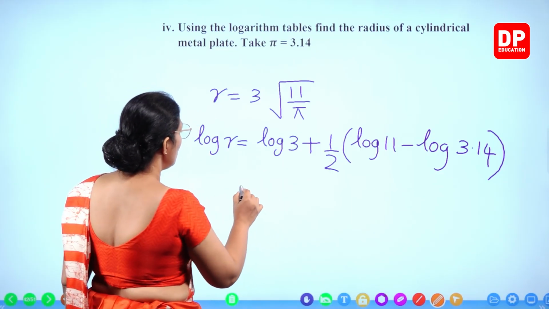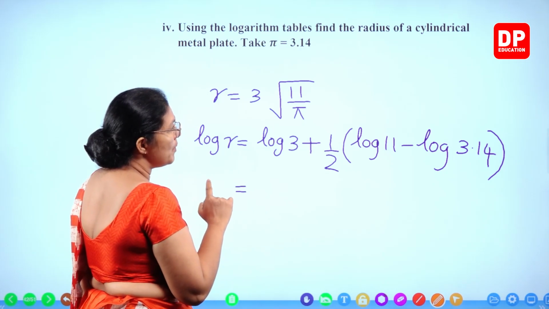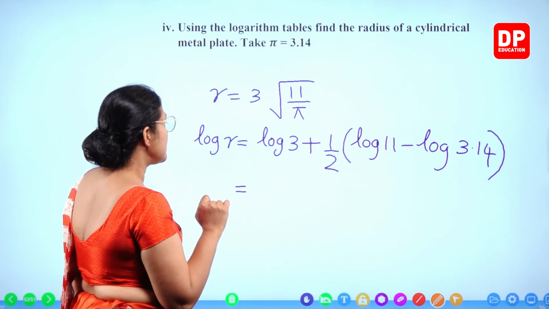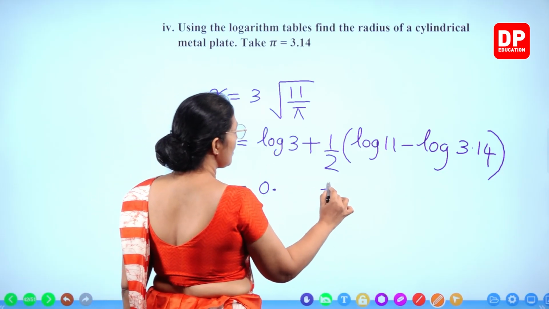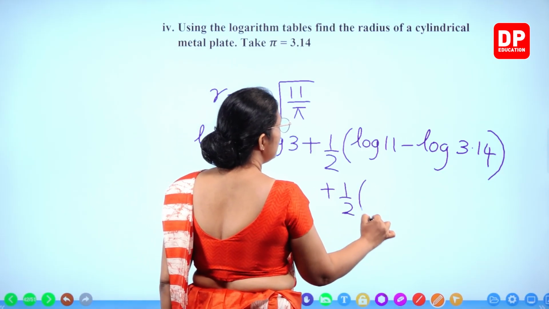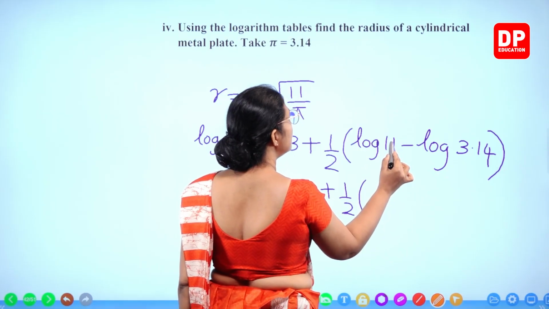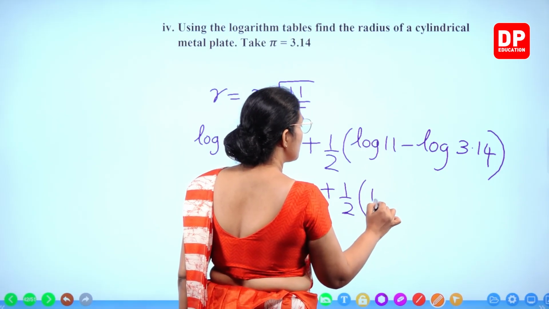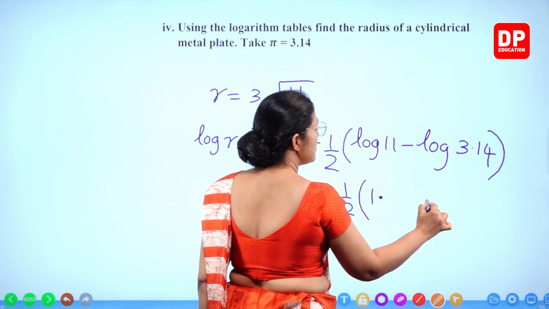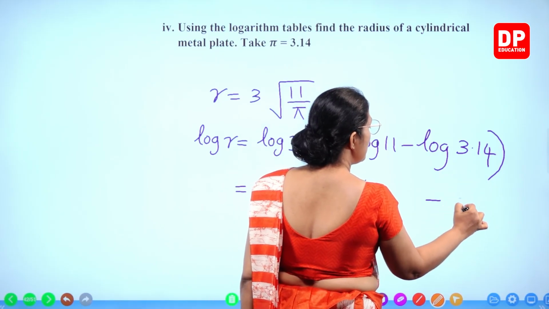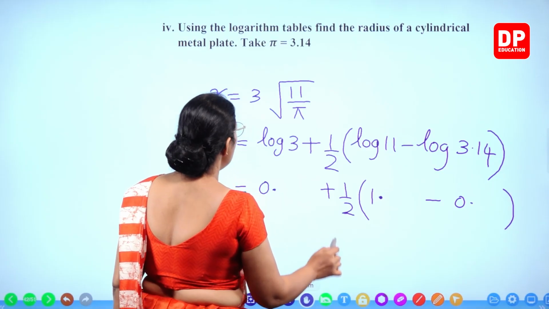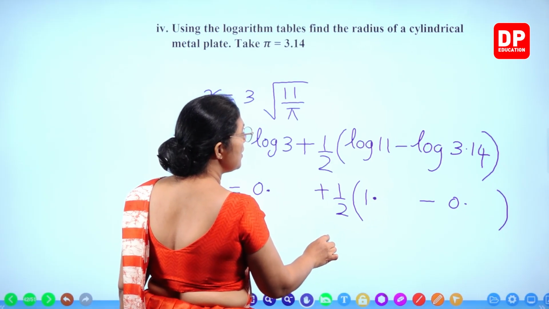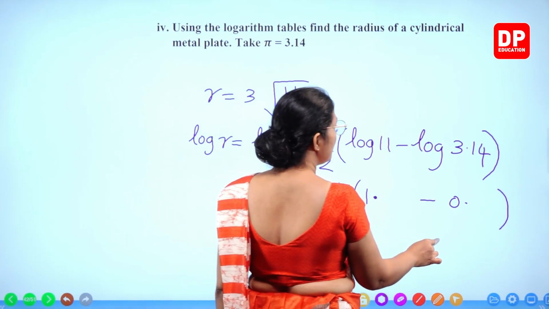Now you have to use the log tables. Before that, we'll write down the mantissa. 3 means 0 point something, and 11 means 1 point something. And 3.14 means 0 point something. Now let's look at the logarithmic table and find out the values.